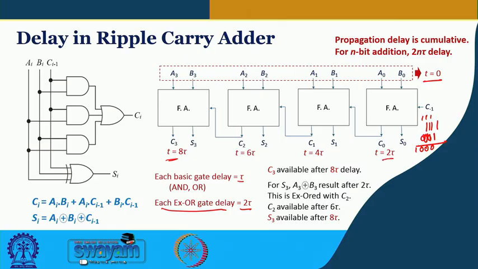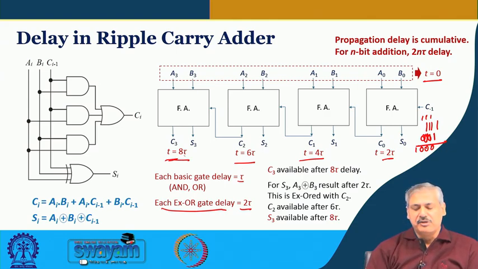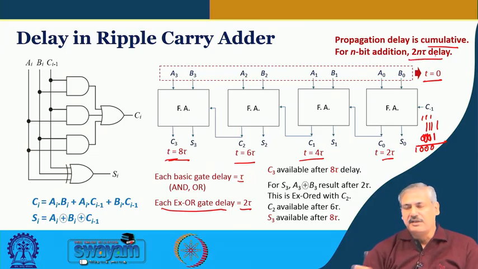So, 2 tau delay is there to generate the first carry C 0. This goes over here, and again an AND operation and an OR operation take place, so another 2 tau. C 1 will require another 2 tau, that is 4 tau, C 2 6 tau and C 3 finally will require 8 tau. If it is 8-bit it will require 16 tau. So, we see the propagation delay here is cumulative, and for n-bit addition 2 n tau delay will be there for the generation of the carry.